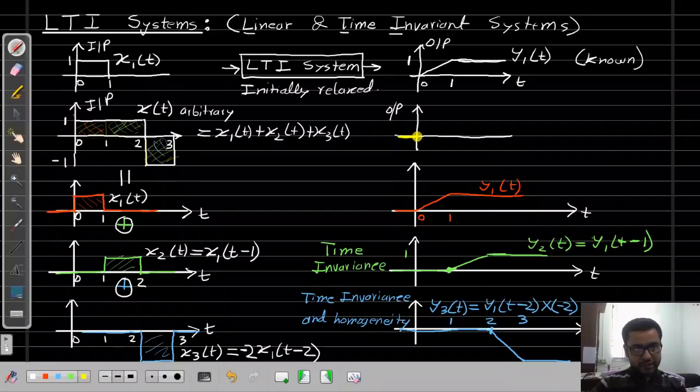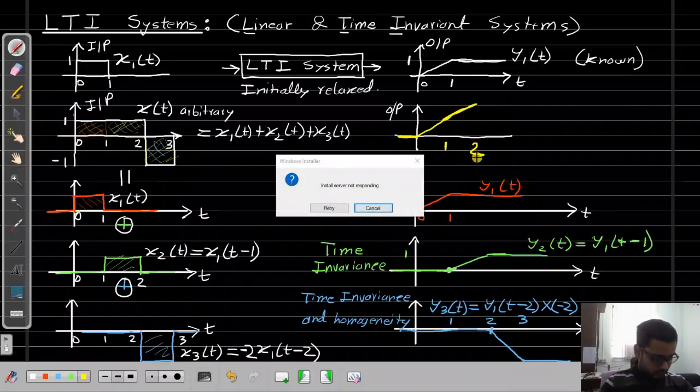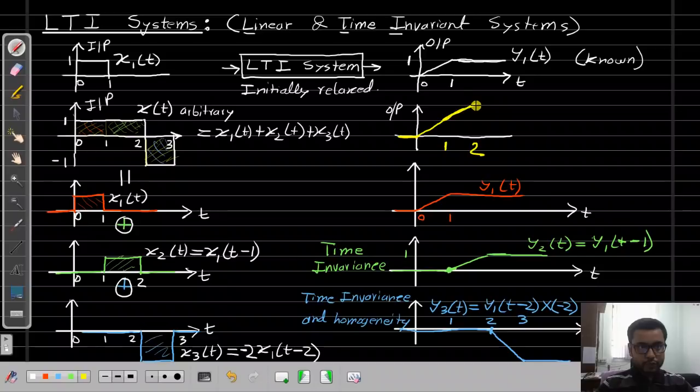It will first go up because of this y1. After that, because of y2, it will go up further, up to time t equal to 2 and will reach a value of 2.